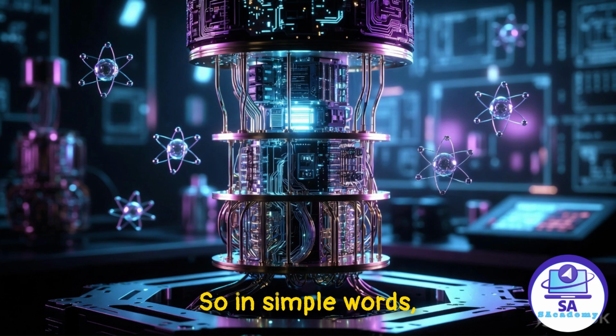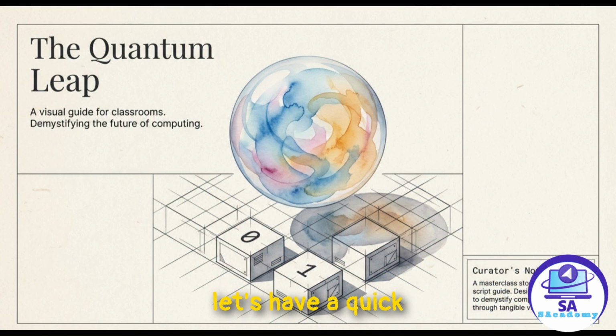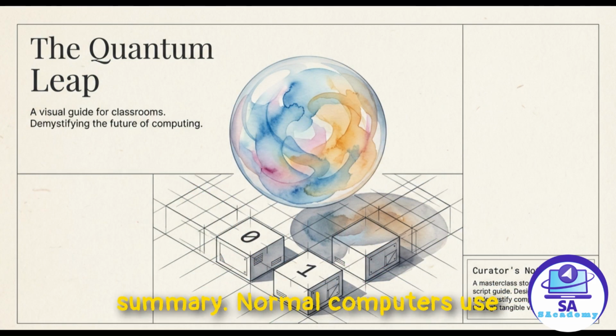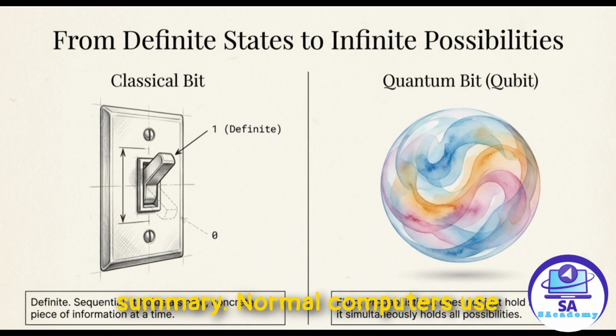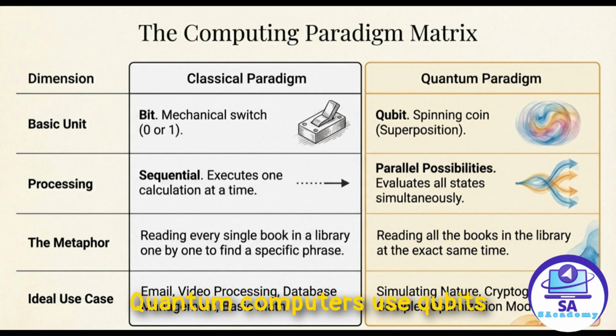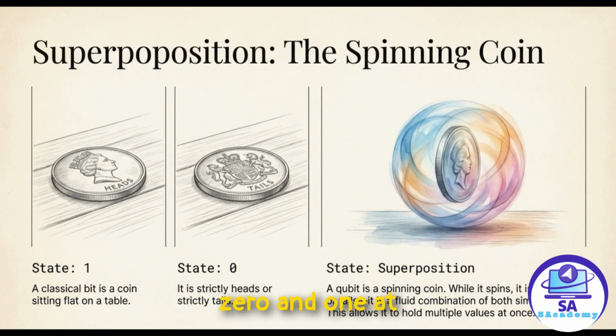So, in simple words, let's have a quick summary. Normal computers use bits, 0 or 1. Quantum computers use qubits, 0, 1, and very important, 0 and 1 at the same time.